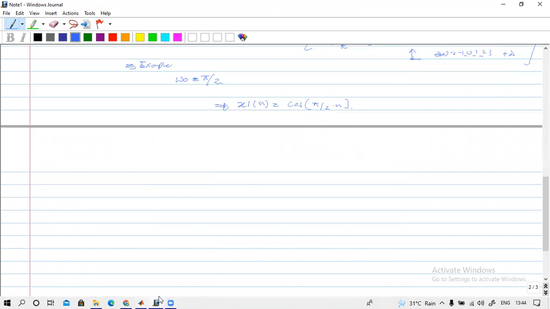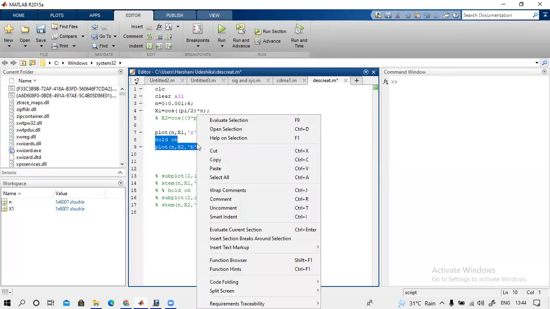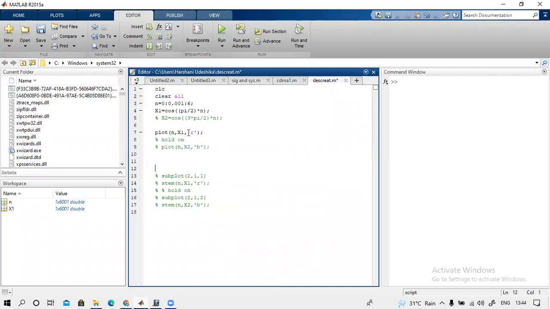If I plot that signal, what happens? Now I'm going to plot.